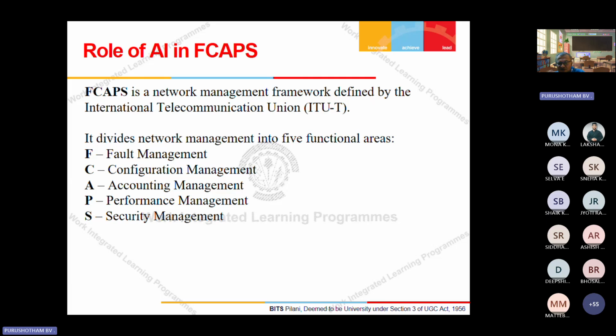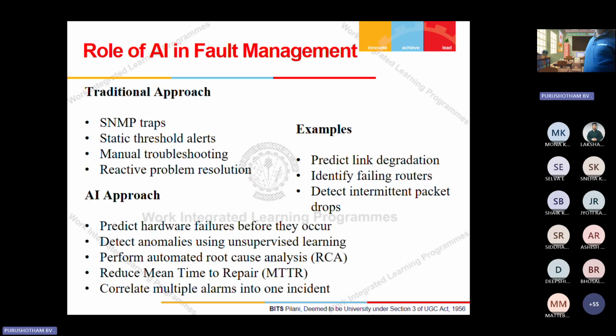Then, what is the role of AI in FCAPS? As we already know, F stands for fault management, C for configuration management, A is accounting management, P is performance management, S is security management. As per this, we can use AI to help here.